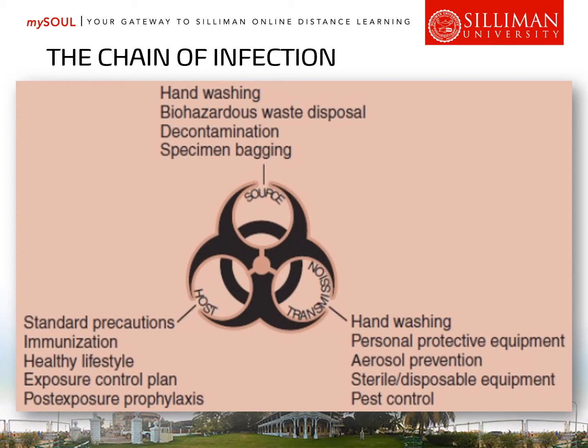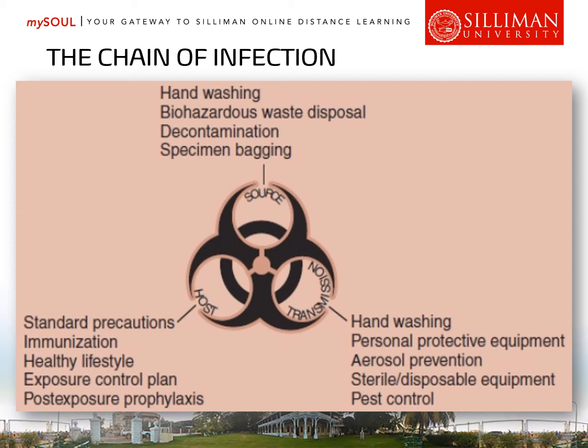For example, to destroy the infectious agent or the source, we need to perform proper hand washing, correct disposal of biohazard waste as well as specimen bagging. We also need to perform decontamination or disinfection of our working area.